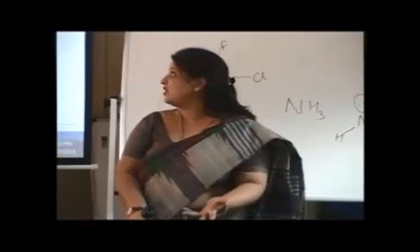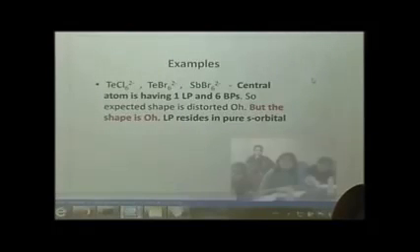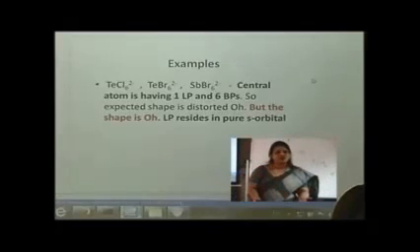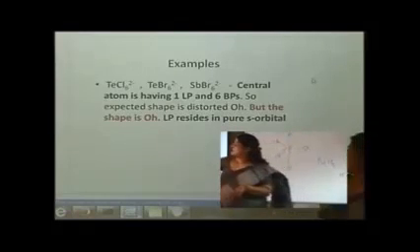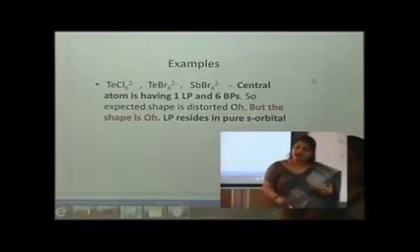Nitrogen family. Okay, just calculate the number of electrons we are getting for SbBr6 2 minus. 14 electrons. That means it is having 14 total electrons divided by 2, 7 pairs. Out of the 7 pairs, 6 are bonded, 1 is a lone pair.